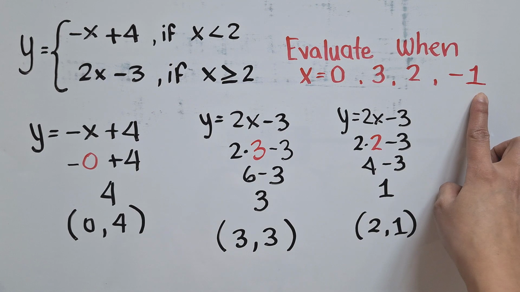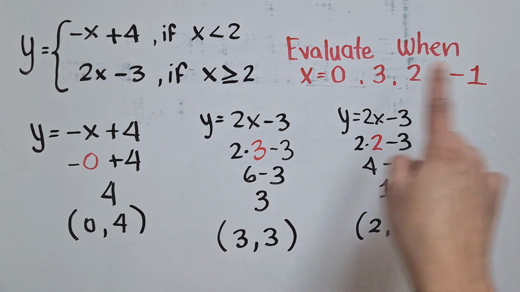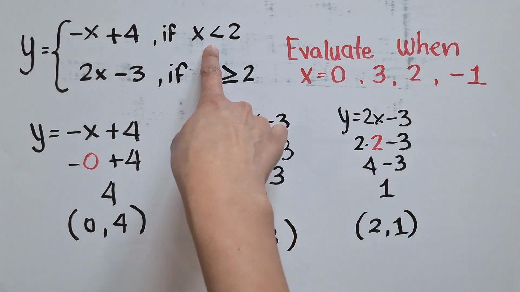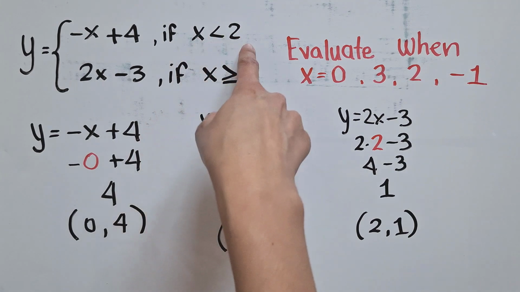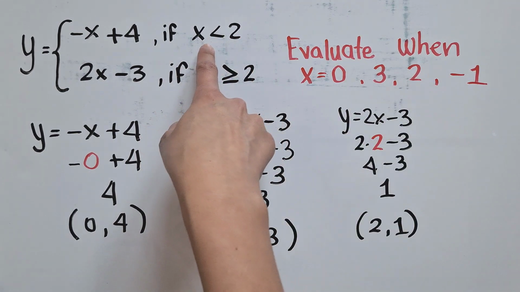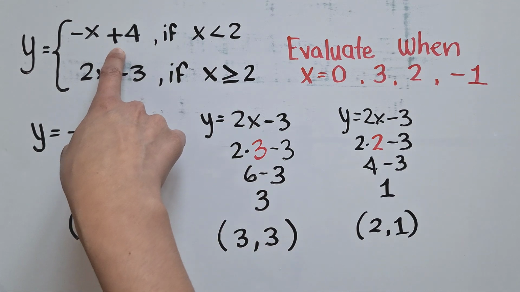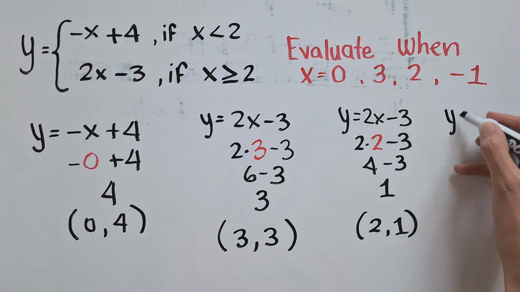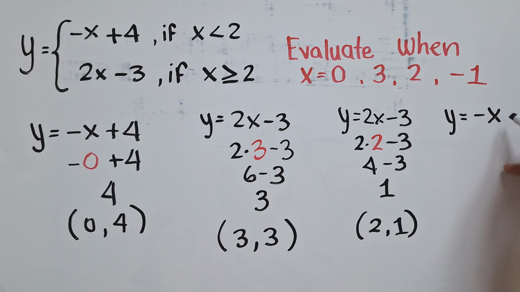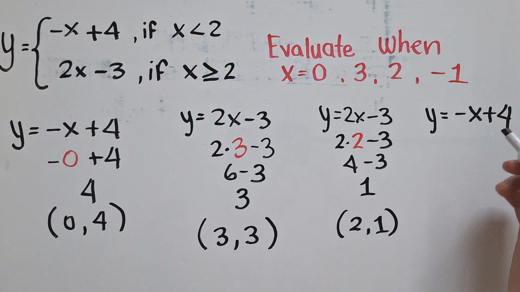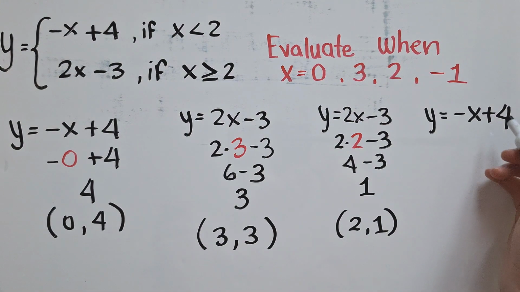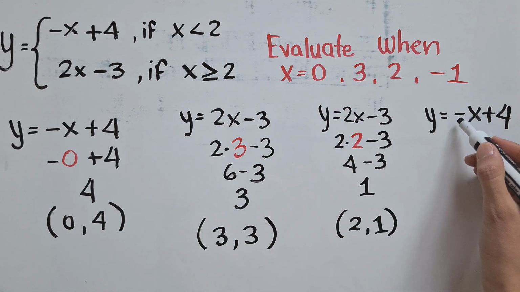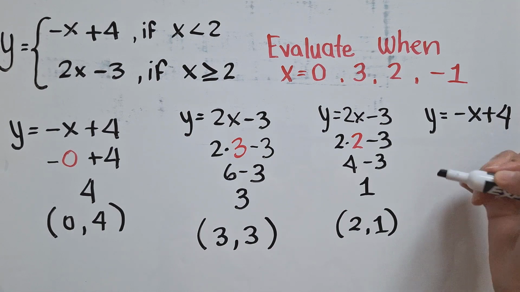The last number is -1. So -1 would fit in this one. x is less than 2, and -1 is less than 2. So we're going to use this first equation. y equals -x plus 4. In this case, we have to be careful because there is a negative over here that is part of the formula, part of the equation.